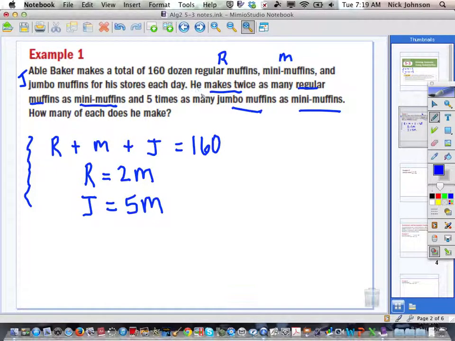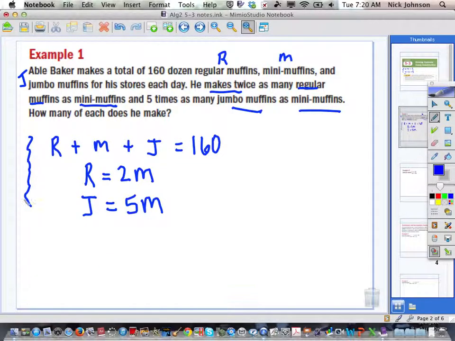Okay, so if you look here, I got 3 equations, I got 3 variables, so I should be good. If you look here, R is in terms of M, J is in terms of M. So what I can do is I can replace R up here in this equation with 2M. I can replace J up here with 5M. And then we'll have all M's across here.